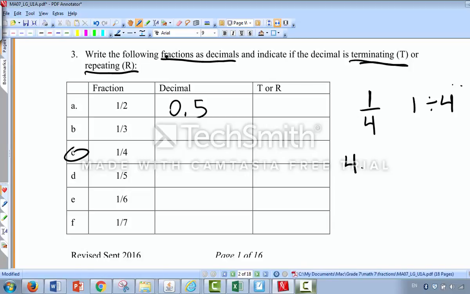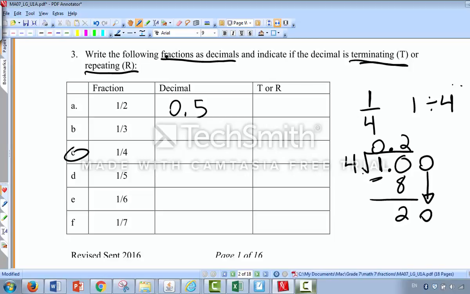Or it's really asking how many times does 4 go into 1. 4 goes into 1 0 times, put a decimal, and add a 0. 4 goes into 10 2 times. 2 times 4 is 8. 10 minus 8 is 2. We're adding another 0. Bring the 0 down. 4 goes into 20 5 times. 5 times 4 is 20. 20 minus 20 is 0, so we have a remainder of 0, and our decimal is 0.25.